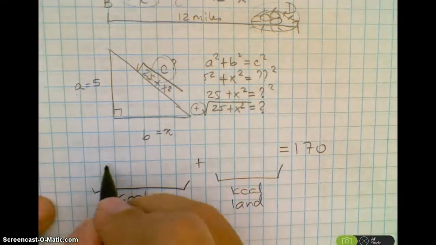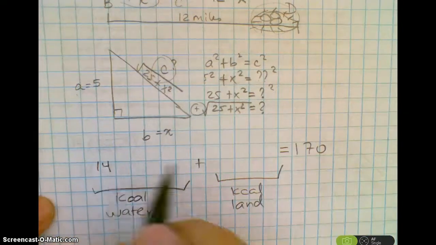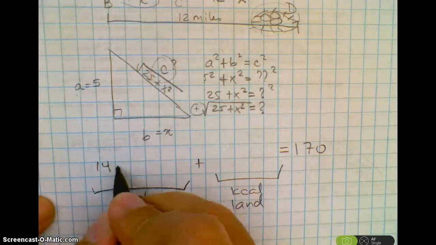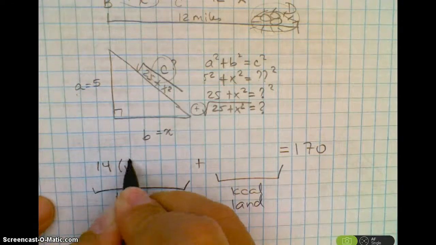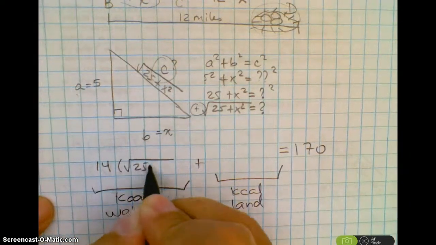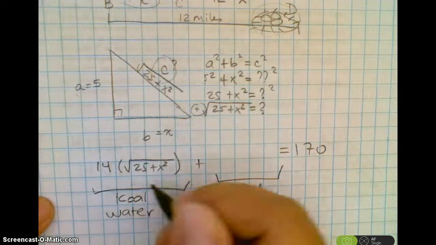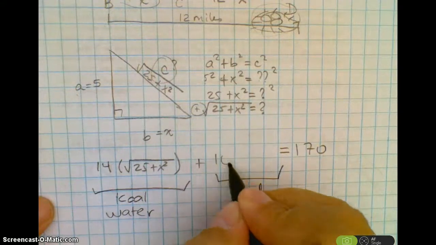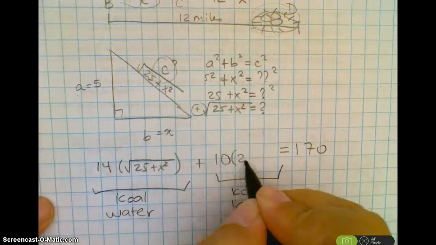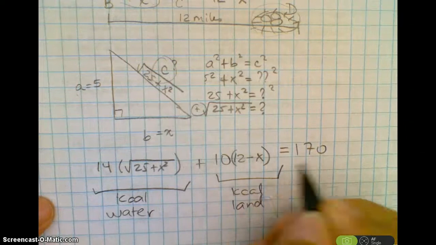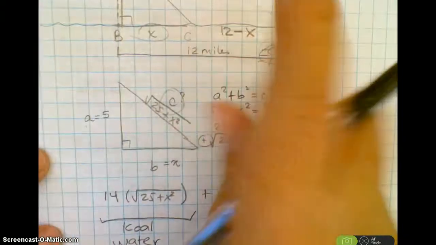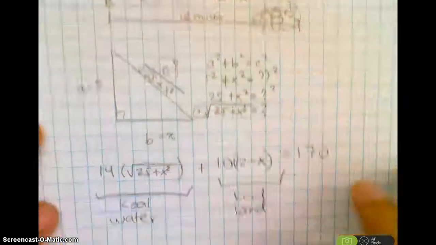So I know that this bird is going to spend 14 for every mile, and the bird is traveling the square root of 25 plus X squared miles, plus 10 times 12 minus X miles. This is the portion over land.